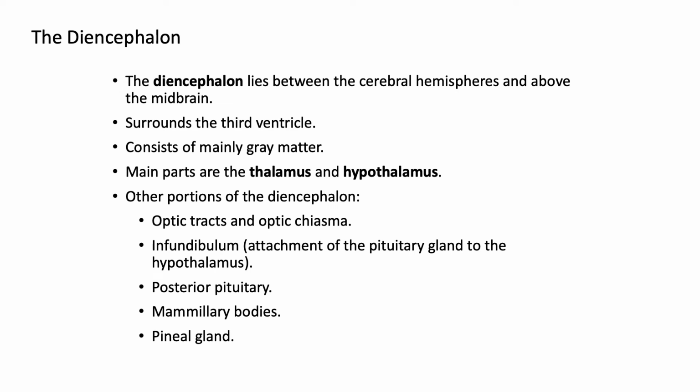The next part of the brain is called the diencephalon, which lies between the cerebral hemisphere and midbrain. The diencephalon is primarily made of gray matter, and the two important structures that you would like to remember for the diencephalon are the thalamus and hypothalamus. Other structures included in the diencephalon are the posterior part of the pituitary gland, the pineal gland, and the mammillary bodies.